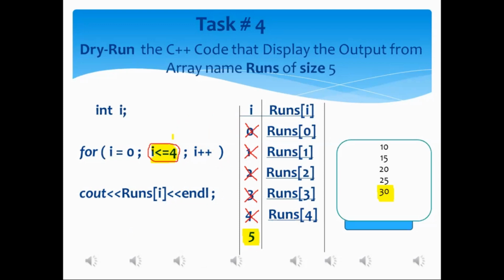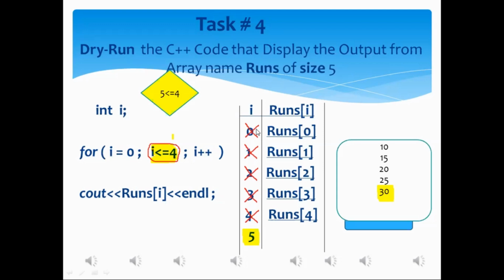Okay, when this condition is executed, look at the current value of I. What is the current value of I? 5, sir. Place the current value of I, that one is 5, in the condition: 5 is less than or equal to 4. Tell me whether this condition is true or false. It's false, sir.